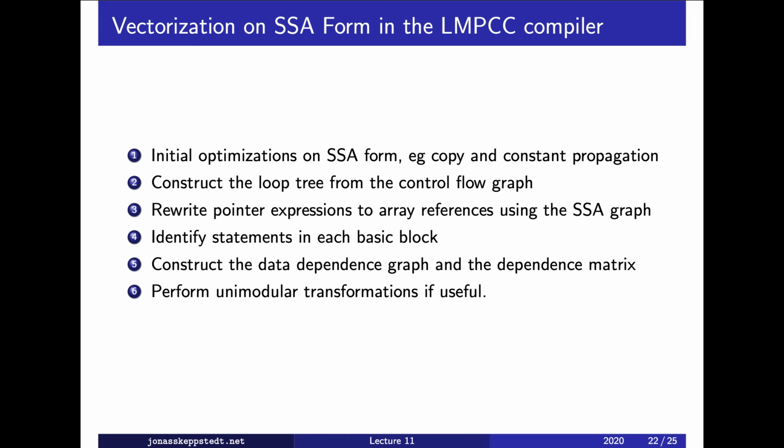Okay, and then we identify which source code level statements are in each basic block, and construct the data dependence graph and the data dependence matrix and perform unimodular transformations if useful. What's obviously also important is to see which three-address code statements can be mapped to SIMD instructions.